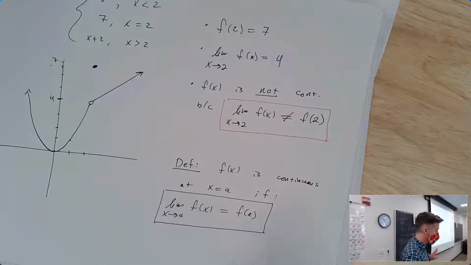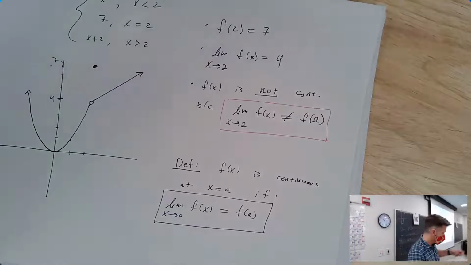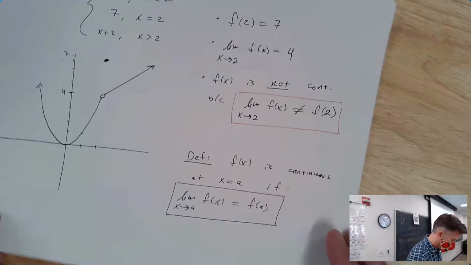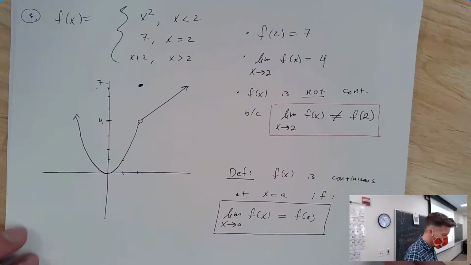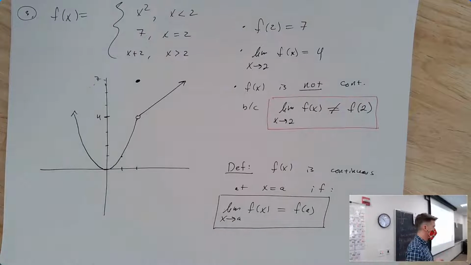And I'll just point out, if the function doesn't exist and the limit doesn't exist, you can't say it's continuous because a non-existent thing equals a non-existent thing. That's not true. We don't do that. So when you're trying to show continuity, these are the 3 things to check for. Check that the function exists, check that the limit exists, and then see if they're equal to each other. That's kind of it.